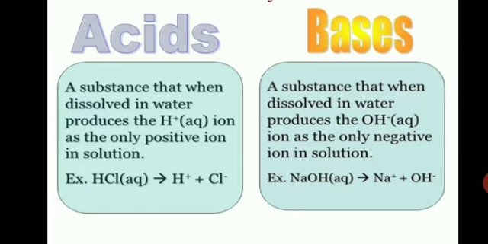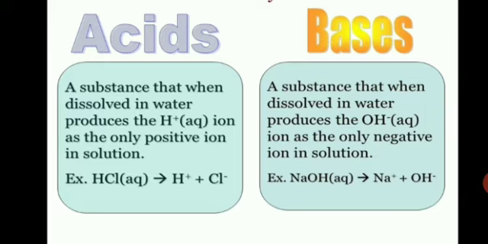A substance that, when dissolved in water, produces the H plus ion as the only positive ion in solution, we call an acid, and a substance that produces OH minus ions in water, we call a base.